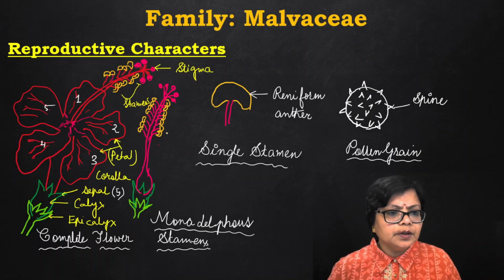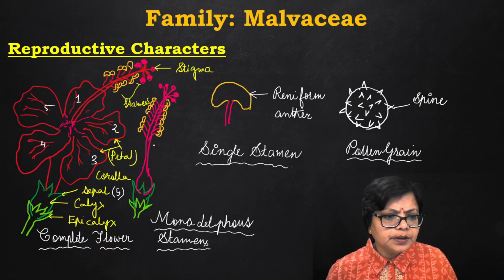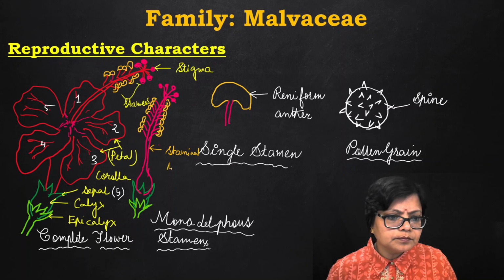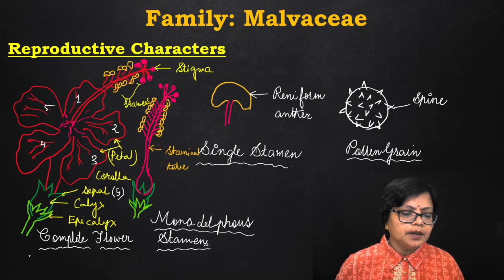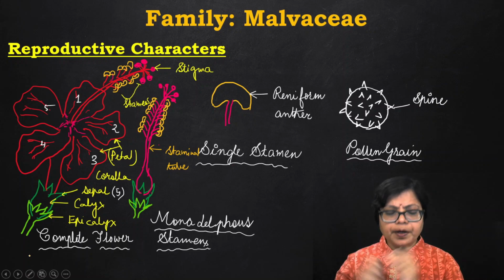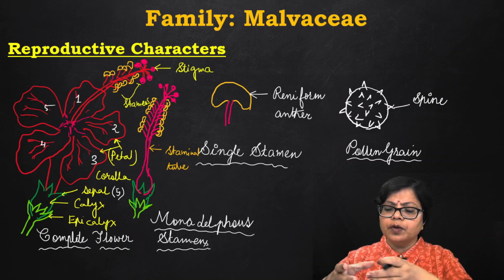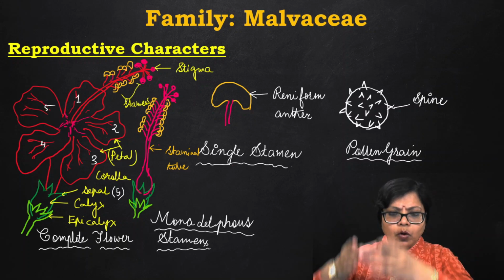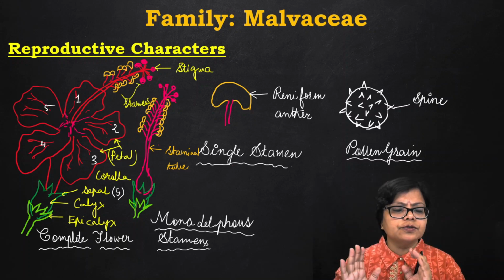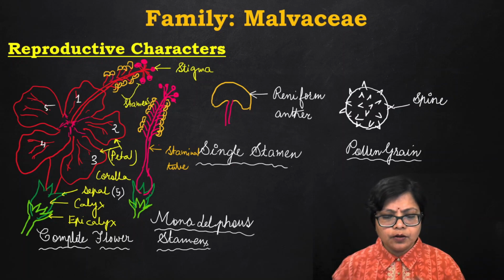Here we have the staminal tube. The lower part of the filaments are joined to form a hollow cylindrical structure which is called staminal tube.